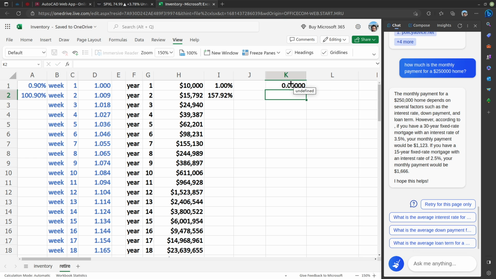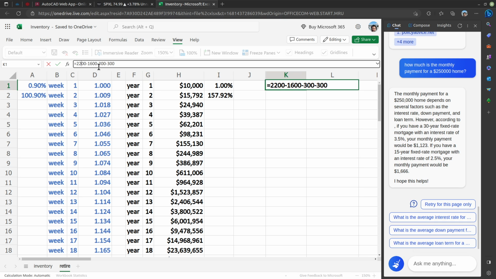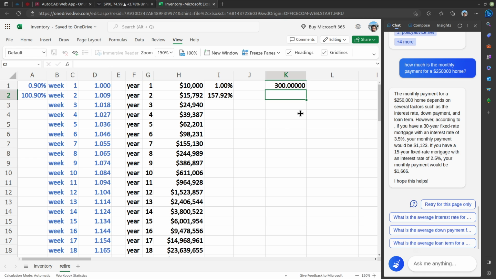What? Zero? You're making zero? So you have to charge more, 2,500 bucks. Alright, so you make $300 for 10 years. How much money is that?